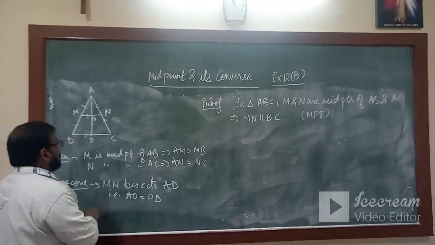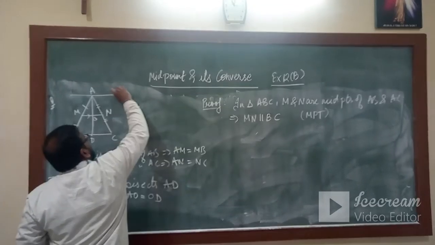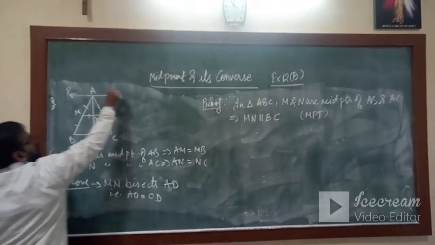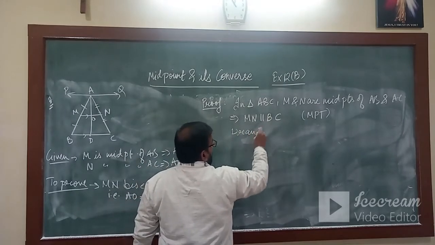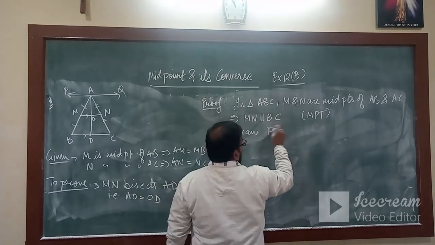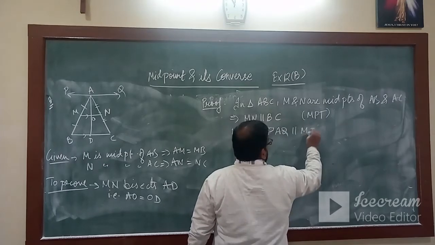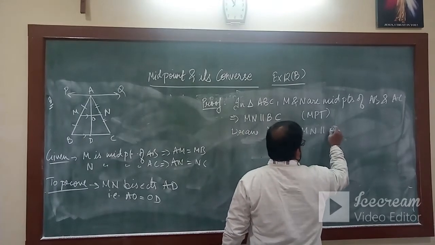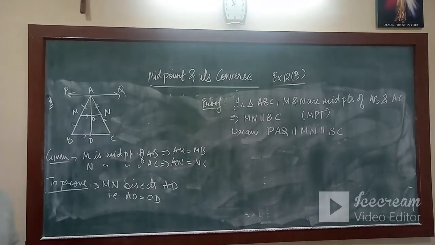Now again I am going to do one construction like I have been doing in many questions, because I need at least three parallel lines. So draw PAQ parallel to MN, and since MN is already parallel to BC, these three now become a group of parallel lines.